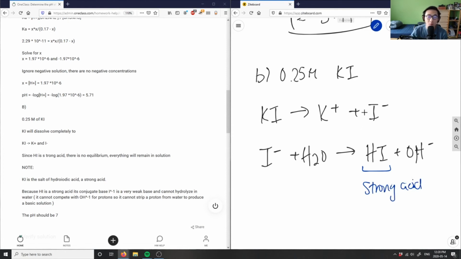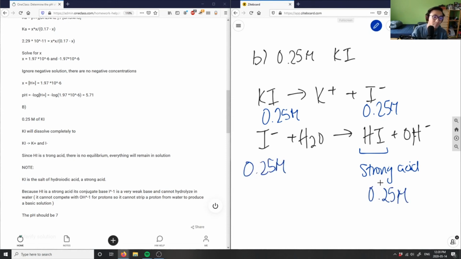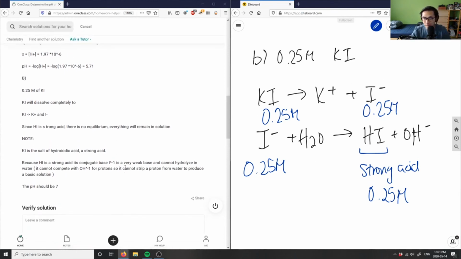So therefore, if I don't have an equilibrium constant, if I don't have an equilibrium solution, all I'm going to do is simply use my mole table, right? And if I'm assuming it's a constant concentration or constant volume here, this is 0.25 molar, which means HI has to be also 0.25 molar here.